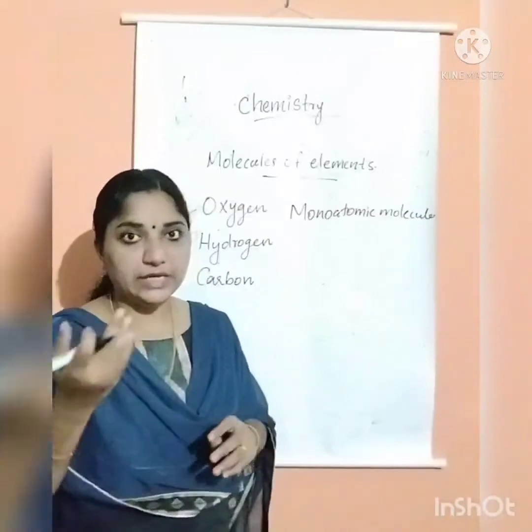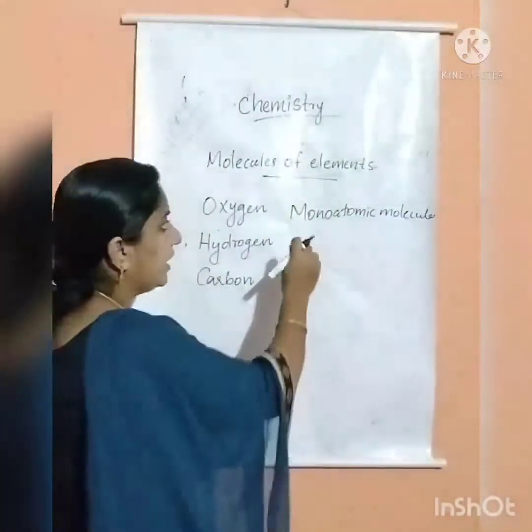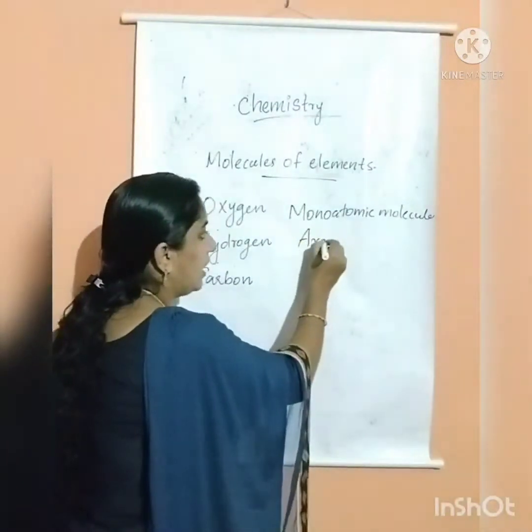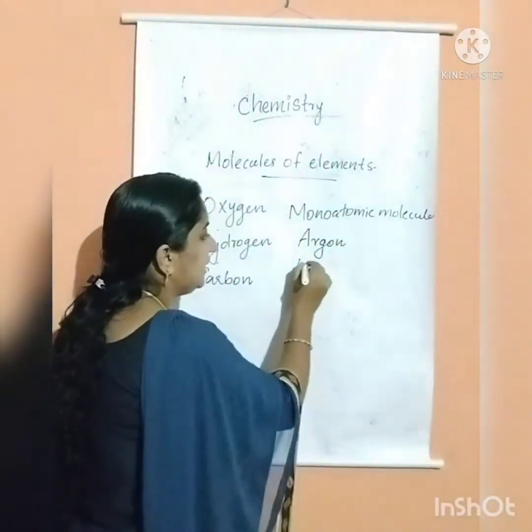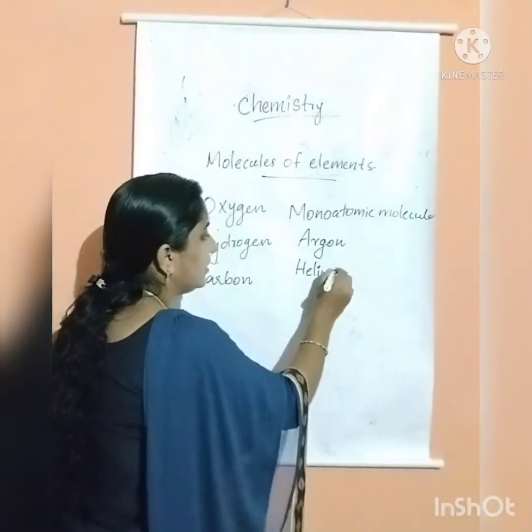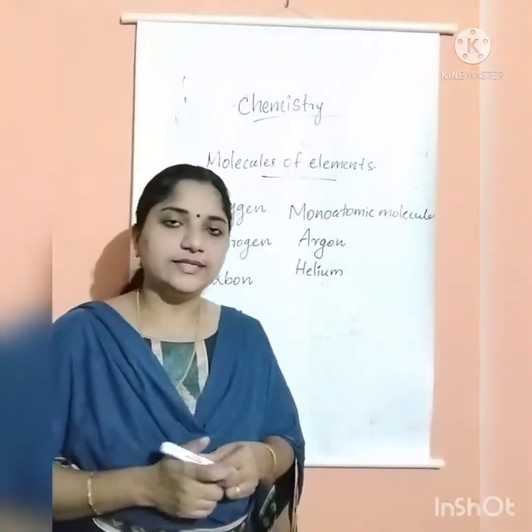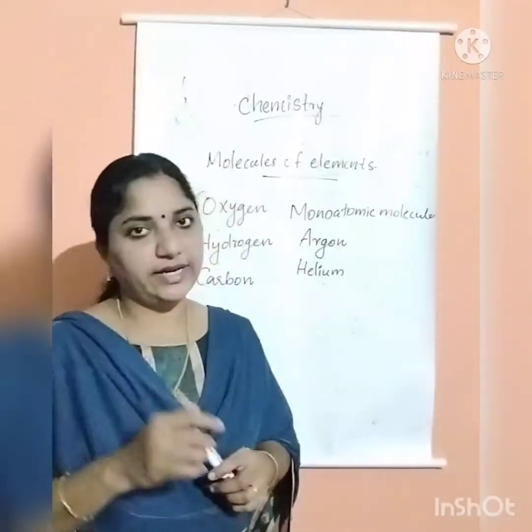Some elements are made up of only one atom. Example, argon, helium. These are examples of monoatomic molecules. That is, the molecule contains only one atom.